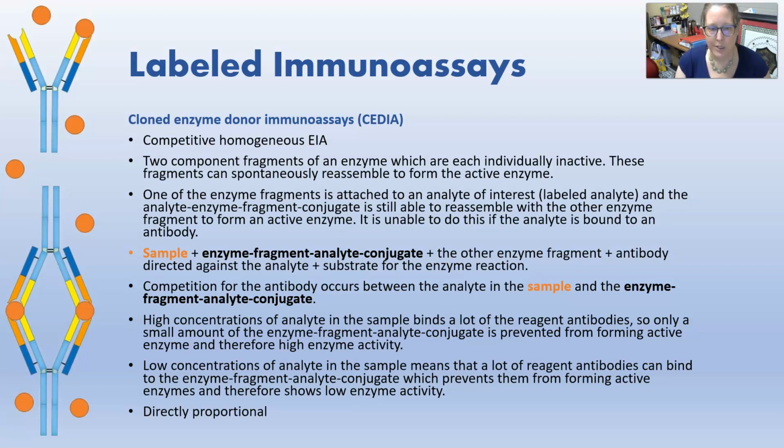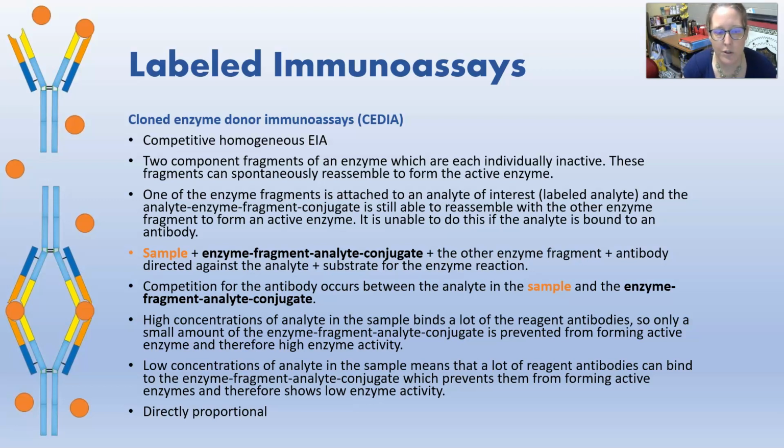High concentrations of analyte in the sample will bind a lot of the reagent antibodies, so only a small amount of the enzyme fragment analyte conjugate will be prevented from forming the active enzyme, and therefore doing the color change due to the enzyme activity.